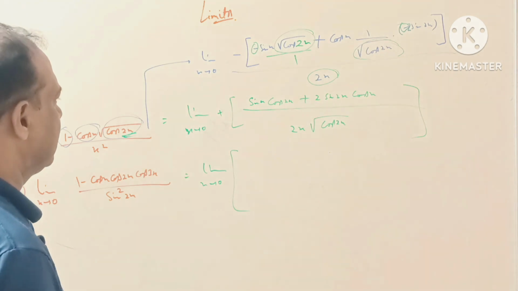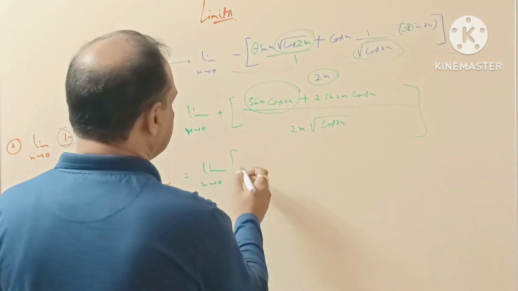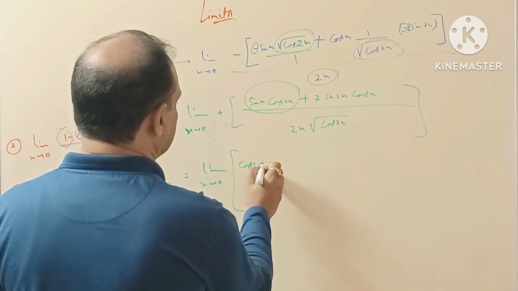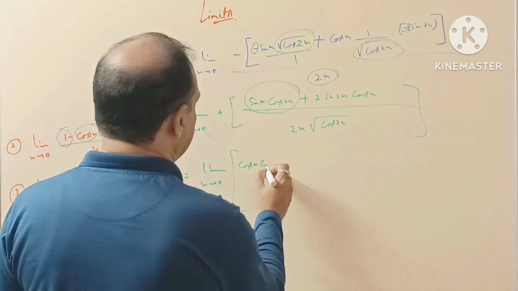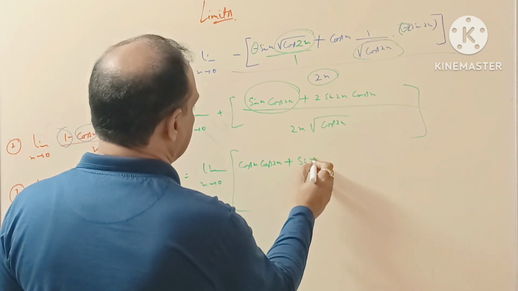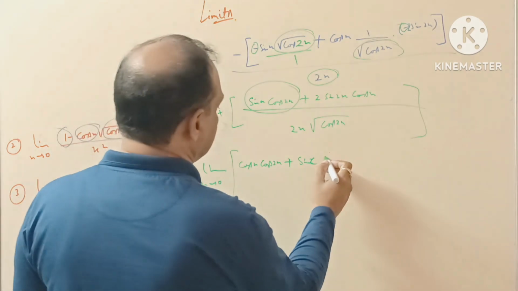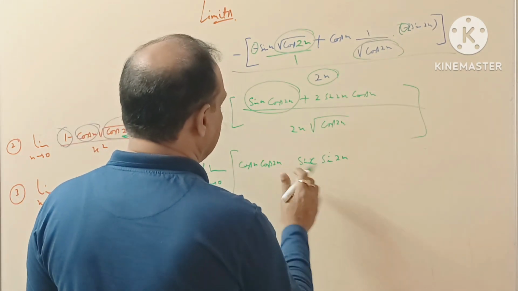Now if I apply it on sin x cos 2x in this part, sin x will give me cos x, and cos 2x will remain as it is, plus sin x will remain as it is, and cos 2x will give me minus sin 2x with the 2 in the multiplication and the negative sign.